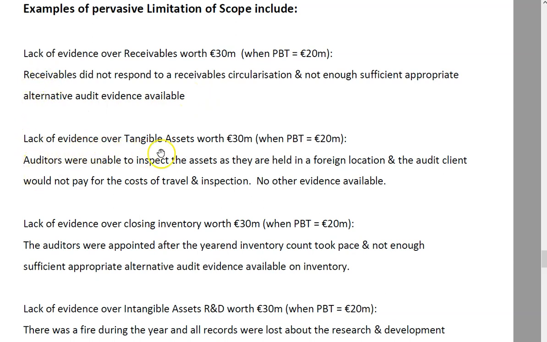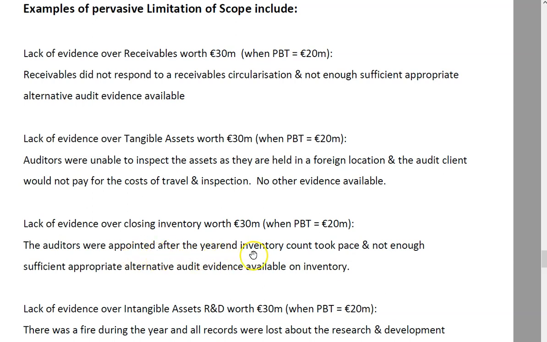Lack of evidence over tangible assets. So you're unable to inspect the assets as held in a foreign location. Or another reason would be auditors unable to inspect assets because they were held in third-party locations outside of the client premises, and the client wouldn't bring them back to get them inspected. Lack of evidence over closing inventory.